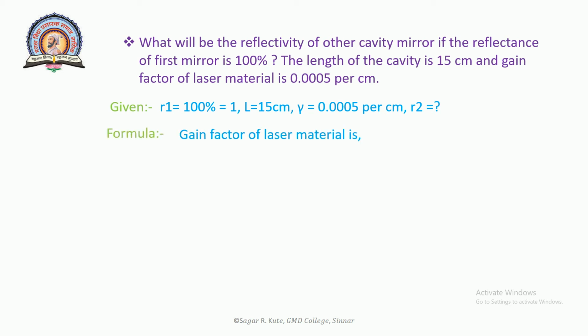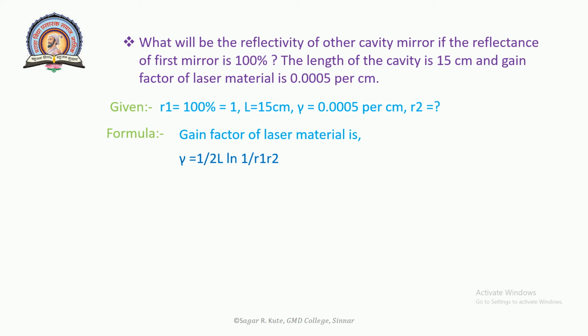Formula: gain factor of laser material is gamma is equal to 1 upon 2L ln 1 upon R1 into R2. Now rearrange this equation. 2L gamma is equal to ln 1 upon R1 into R2.